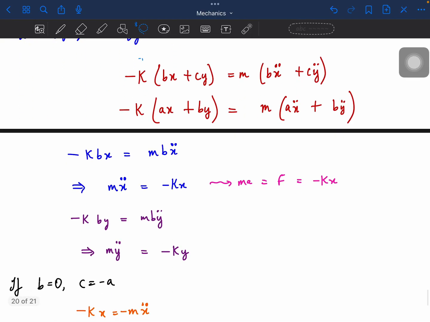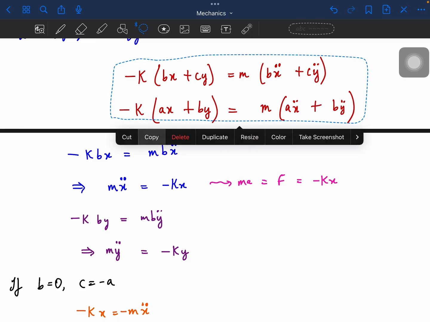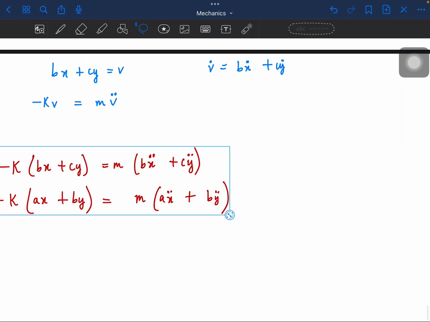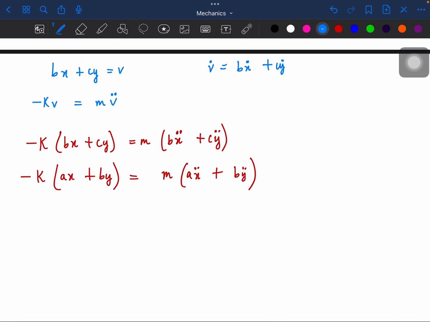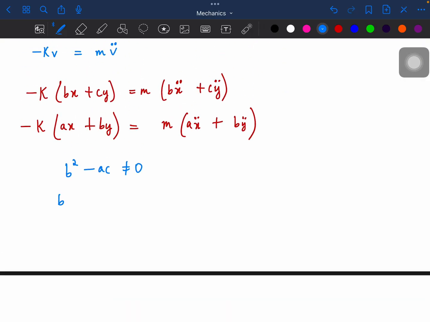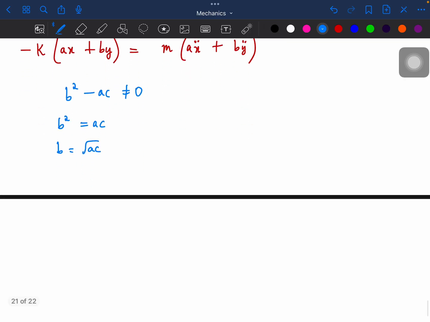Now, if B square is equal to AC, let us analyze that condition. They are saying that B square minus AC is not equal to 0. What does this condition signify? So let us see what B square equal to AC signifies. This means that B is equal to root AC.